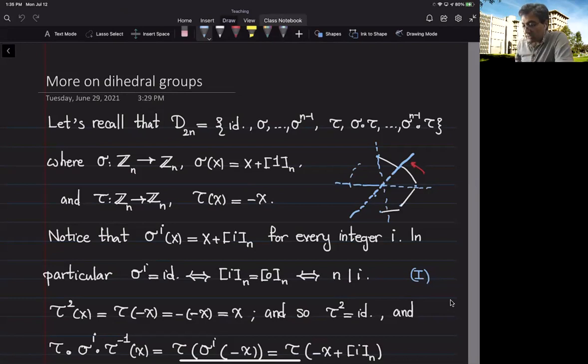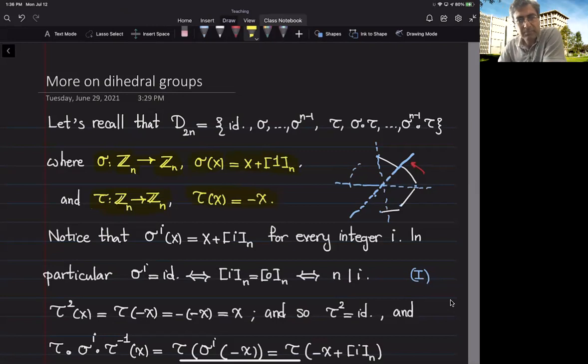And we used that combinatorial structure to show that all the symmetries of this combinatorial graph consist of these 2n transformations. When we label the vertices by elements of Z sub n, this rotation can be viewed as a shift by 1, and this reflection can be viewed as sending x to its additive inverse.